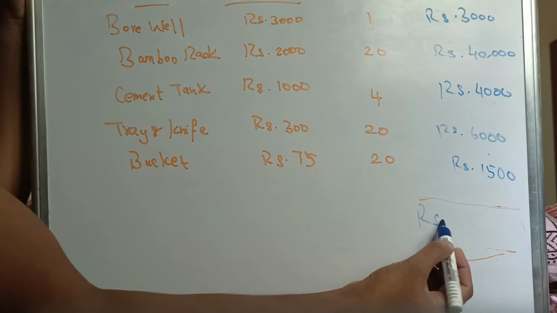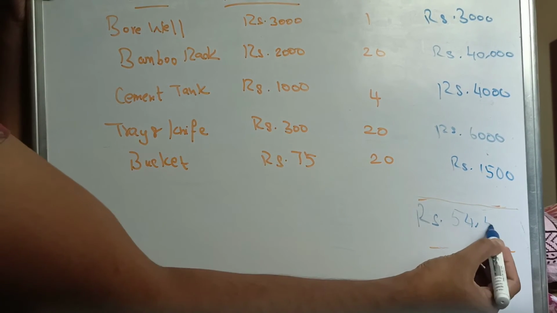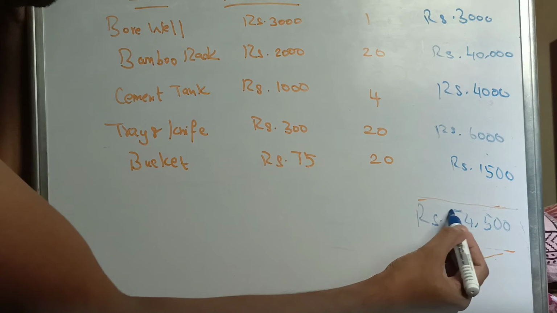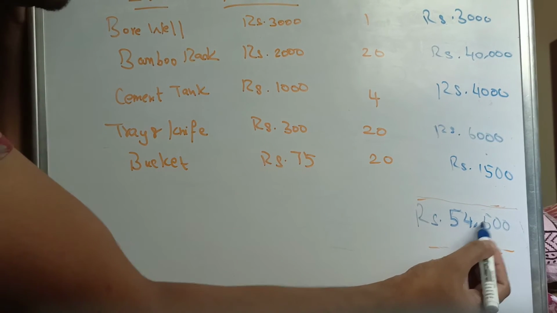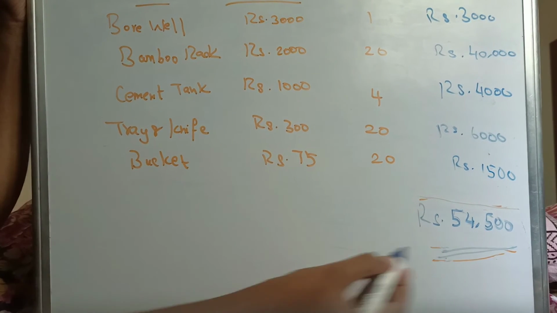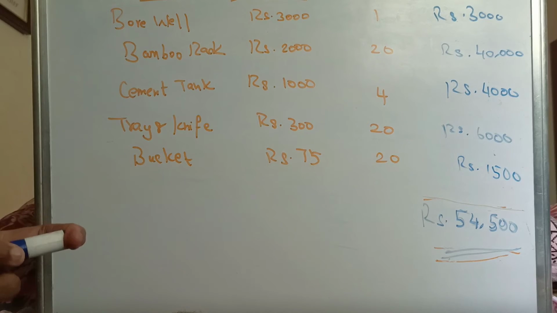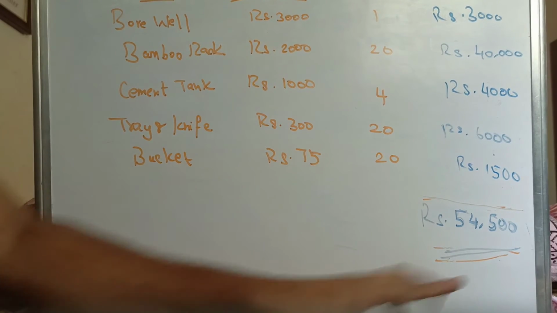If you follow the addition, you will get the answer of 54,500 rupees. So the total cost required for setting the fish drying factory for fishers is rupees 54,500.